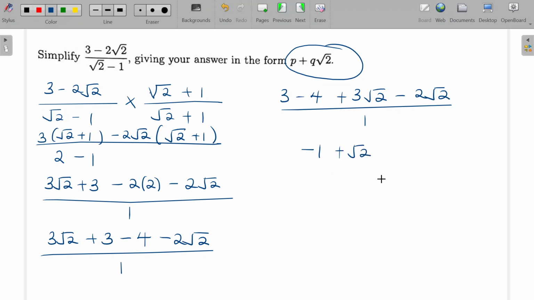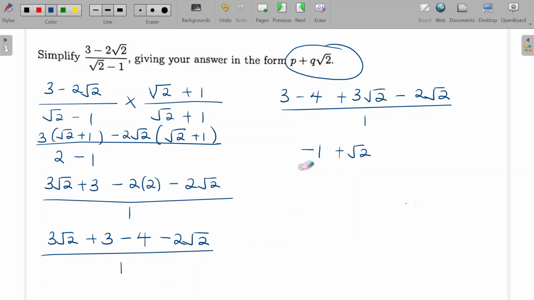Why? Because this square root of 2, you can take it as if it is just x. So it's like 3x minus 2x, which will just give you x. As a result, that x is the square root of 2. That is why I've written it like that.